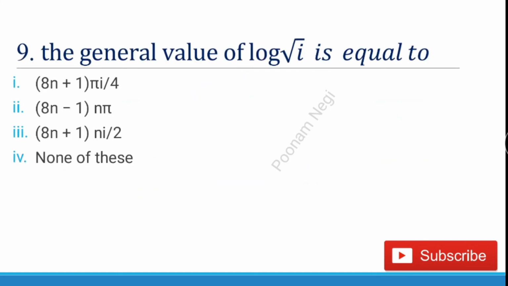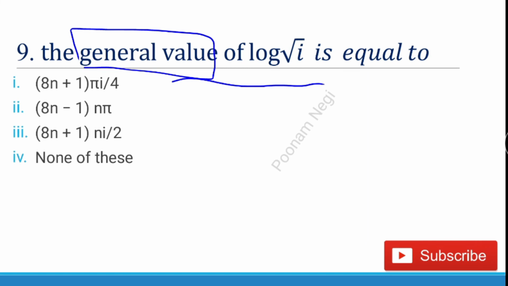Our next question is the general value of log root i. I am repeating the same question here, but I have asked for general values. As you are already getting a hint, we have two values: one is the principal value and one is the general value. Why is it so?